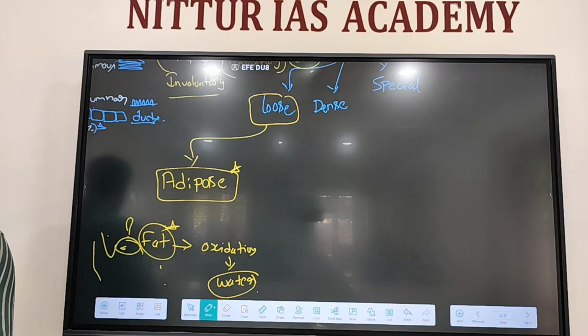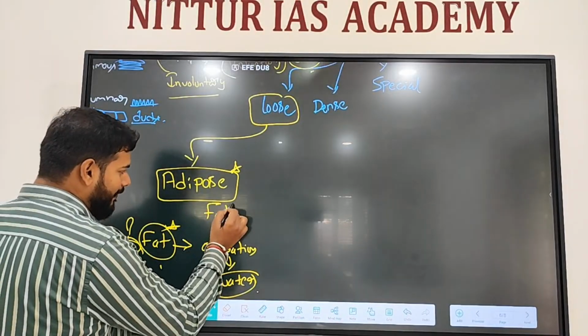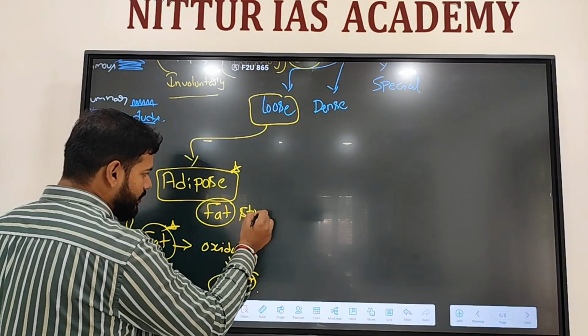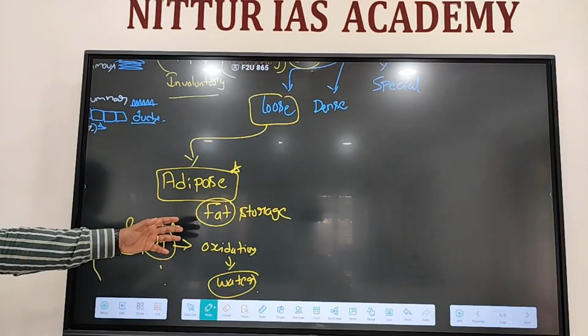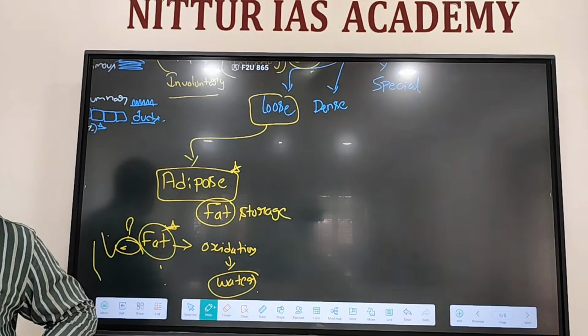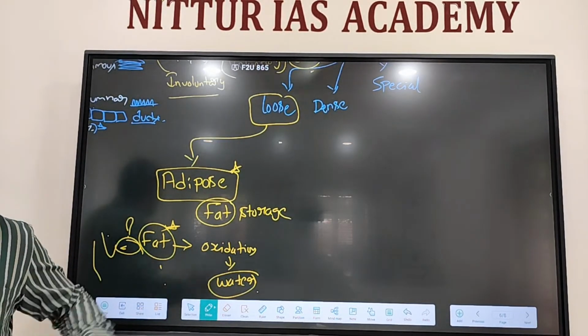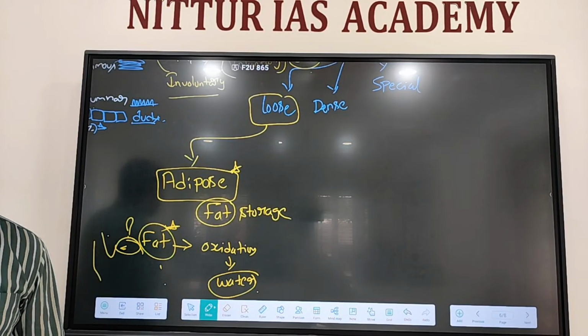Later, we need to know where the fat is stored. In which tissue is the fat stored? The fat is stored in adipose tissue, the fat storage tissue. In our body also, fat is stored in adipose tissue, the fat around our belly, etc. Adipose tissue also acts as an insulating layer.